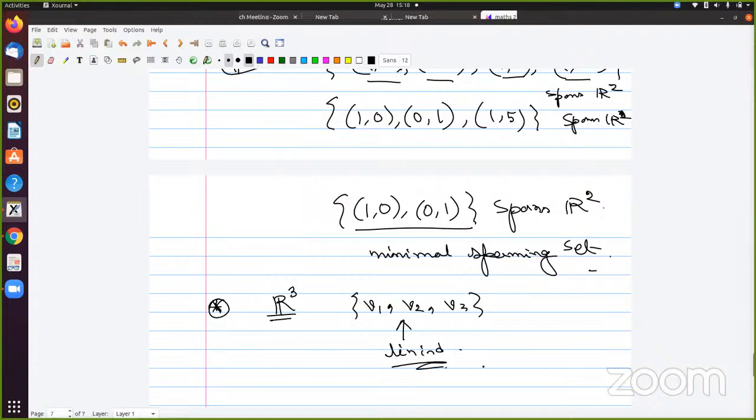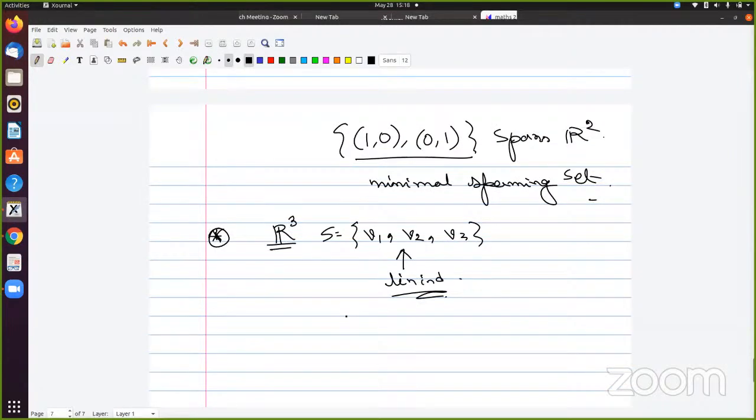Now I am asking, is this a basis? Yes, because you don't have to check whether it spans or not. Because this has cardinality 3, and any maximal linearly independent set in R3 has cardinality 3, and any maximal linearly independent set is a basis. So it must span R3. You don't have to check it.